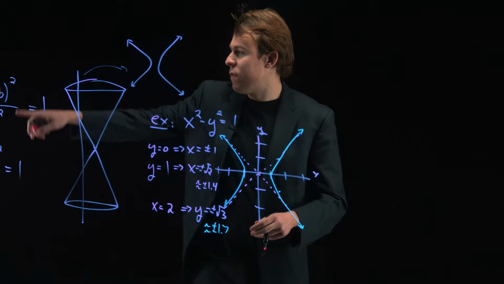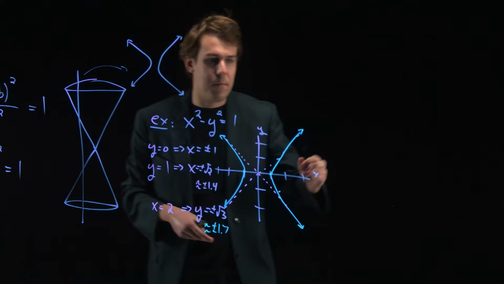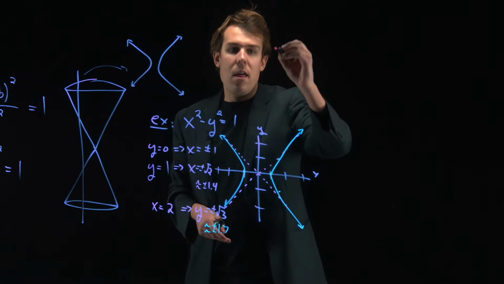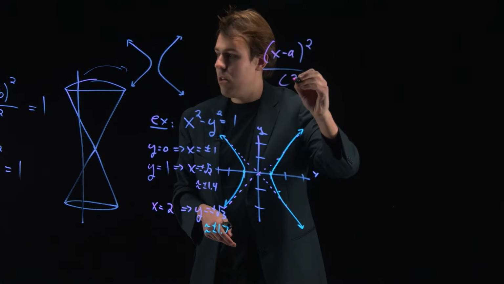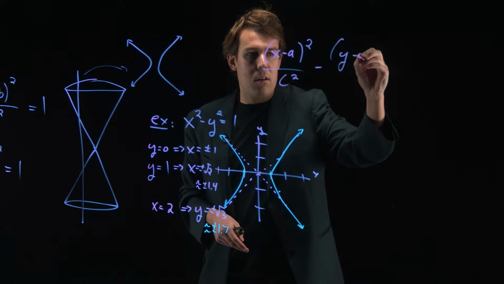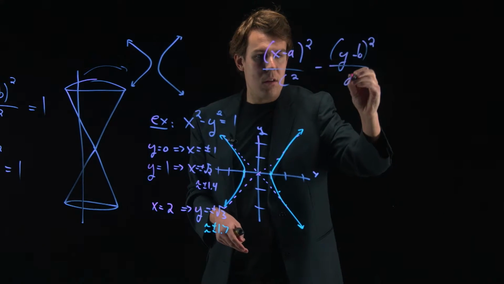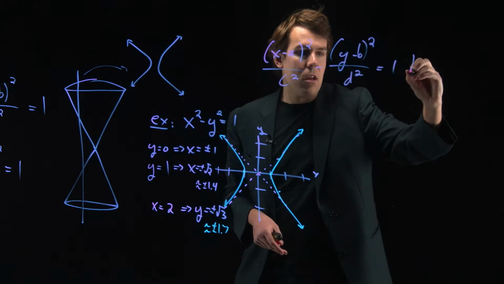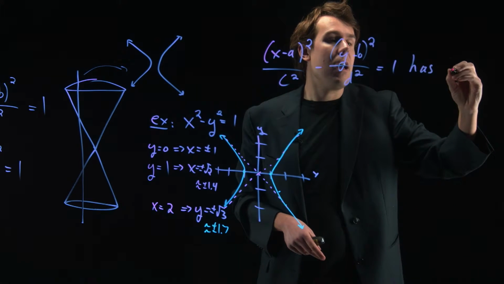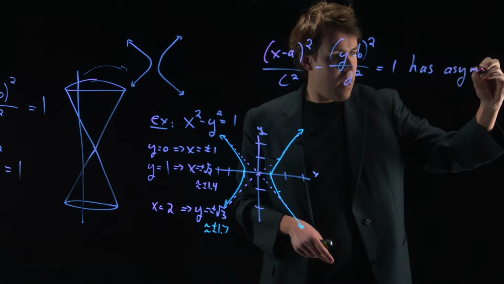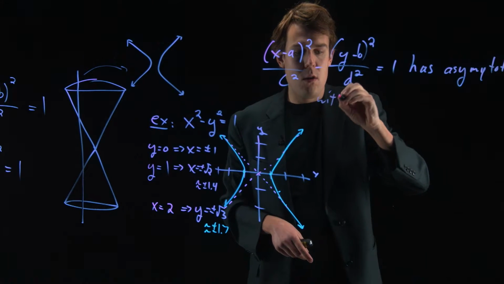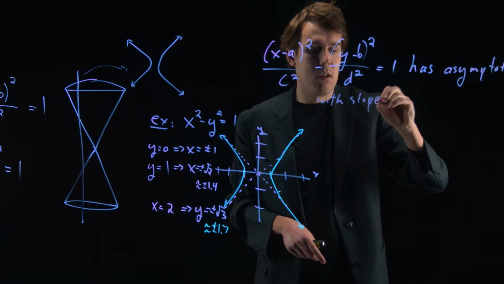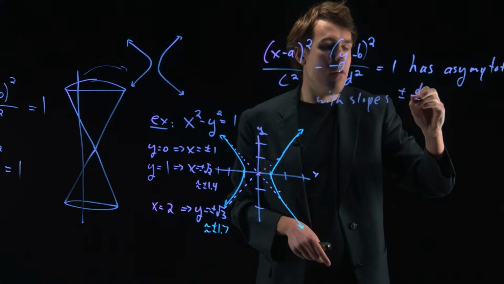Well, if I'm in this first case, which is what I'll focus on, this has asymptotes with slopes plus and minus d over c.